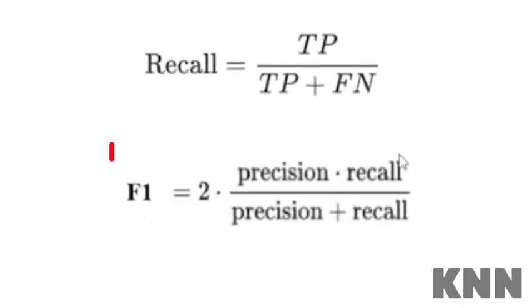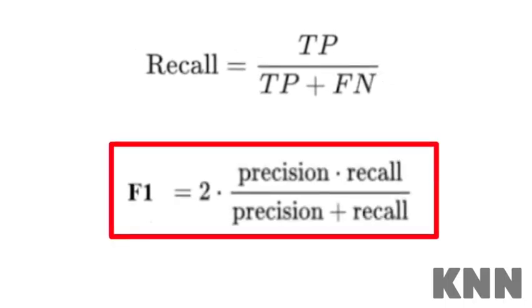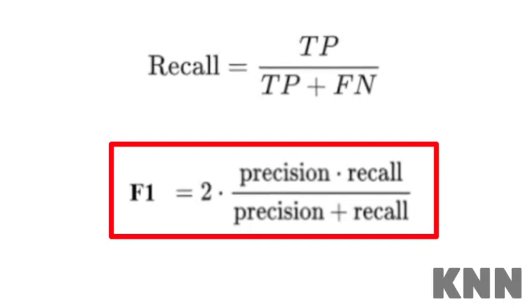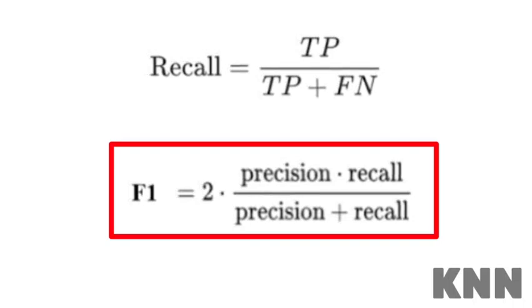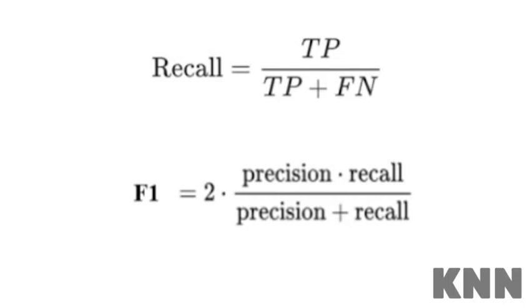And next we have the F1 score. As I was telling, it is the harmonic mean of the precision and recall. So 2 into precision into recall divided by precision plus recall. Pretty straightforward formula we have over here.